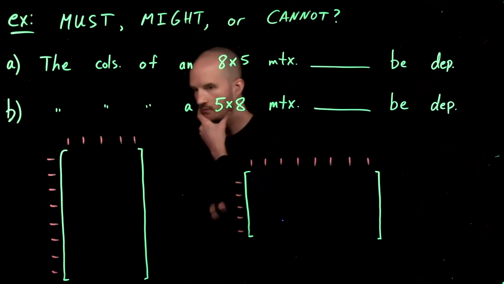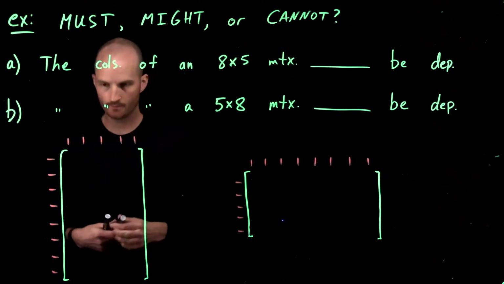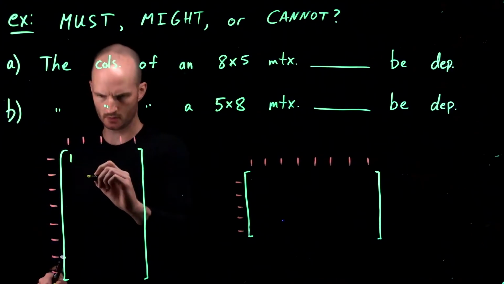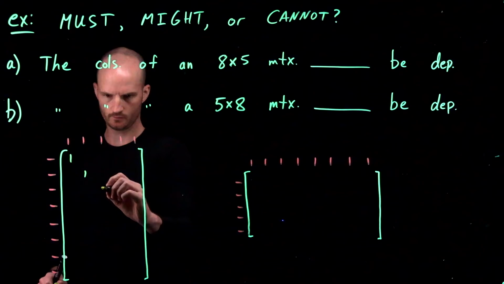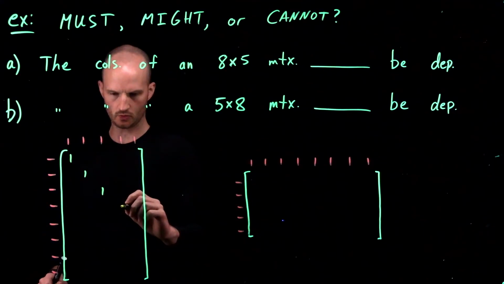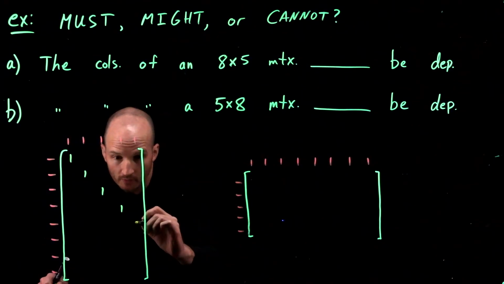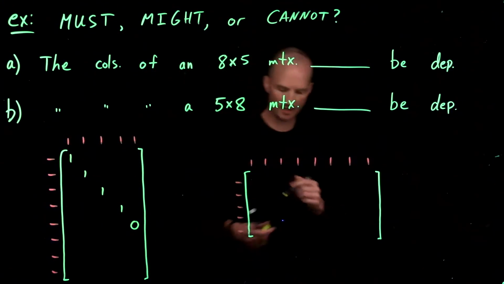So here, maybe that happens. So maybe you have like 1, 1, 1, you say 1, and then maybe you have a 0 here. And imagine the rest is zeros.